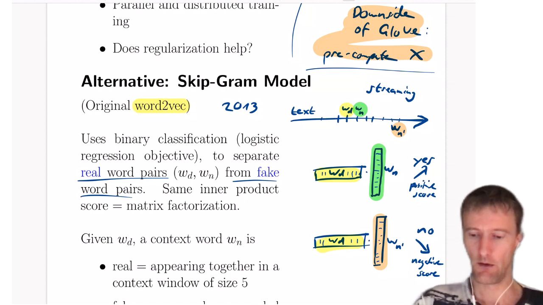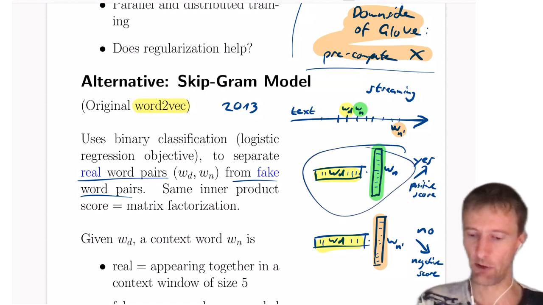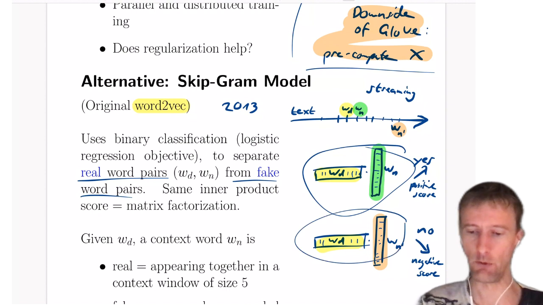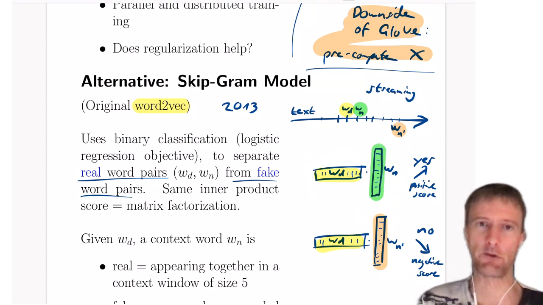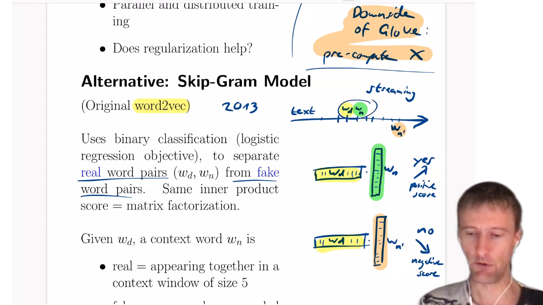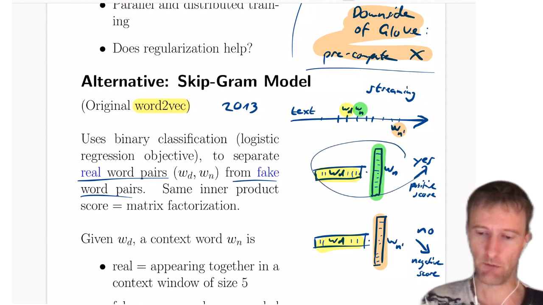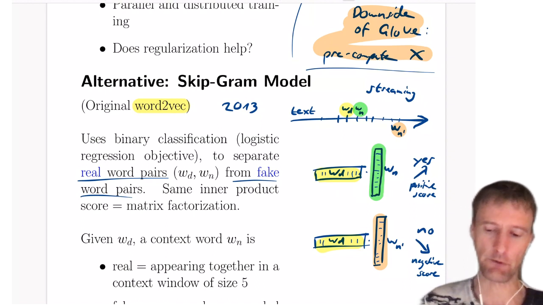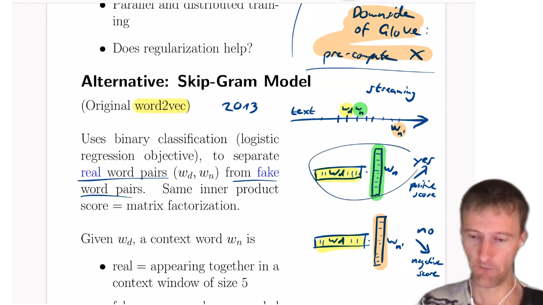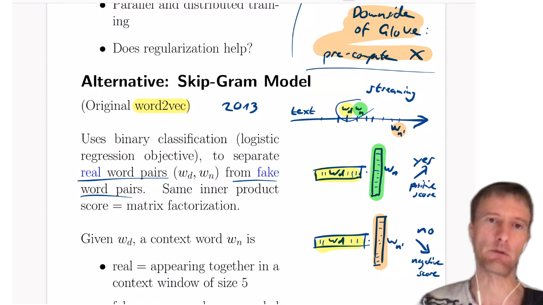And the way we do this is we train the system with stochastic gradient descent for this value to be high and for this value to be low. And we can do that while streaming through the text, right? We always are somewhere, so we always have a yellow and a green word which are just right where we are. So that's a real pair. That's one we will use to update our word vectors with gradient descent to make this big. And everywhere we are, we also take some fake words, which you just take as random words from anywhere.